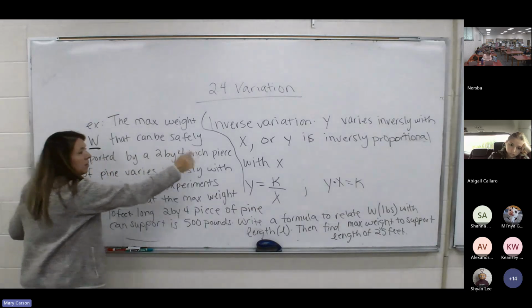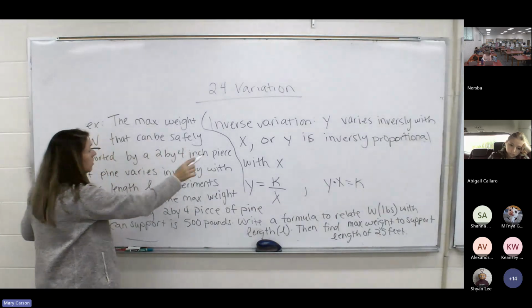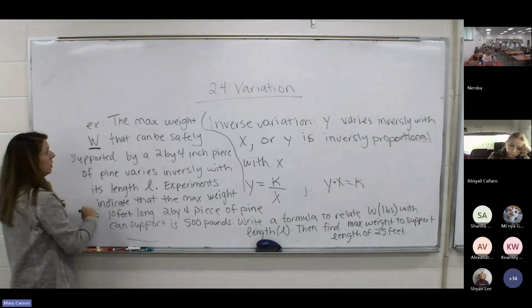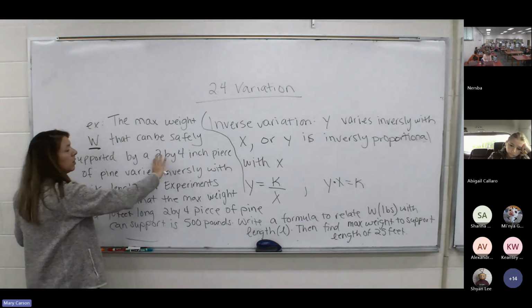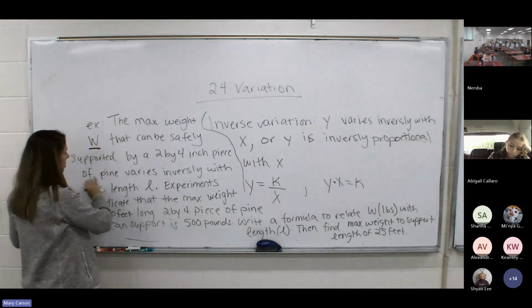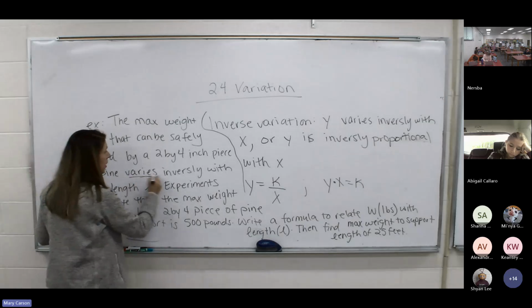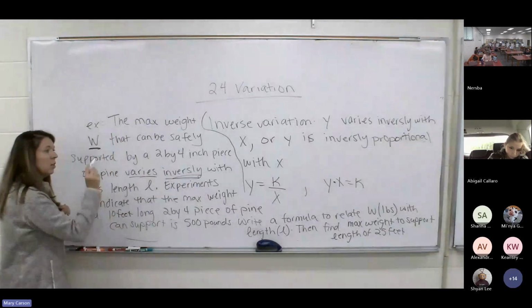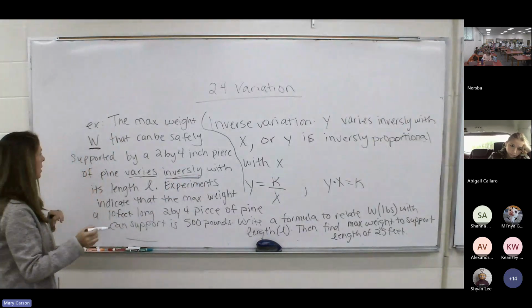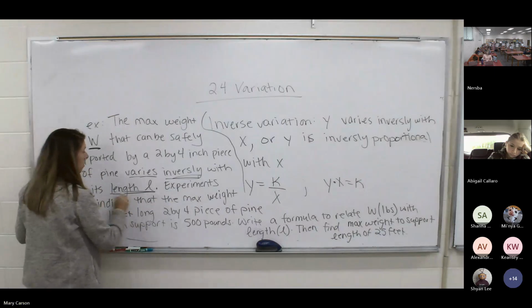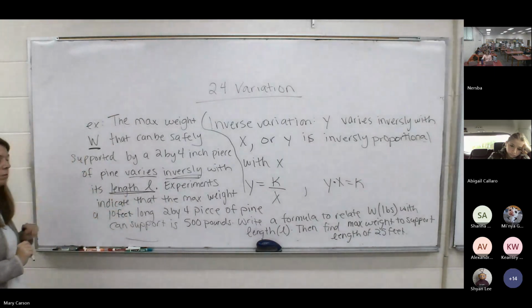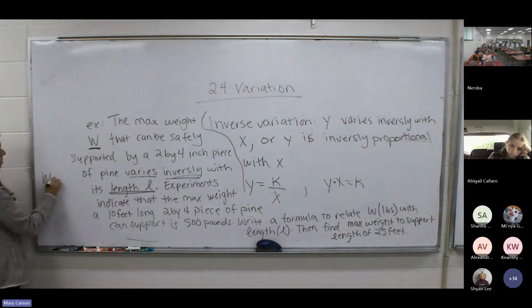This is nothing, just blank that out, okay? Just telling what weight can be supported. This all goes with W, okay? Then you're here, varies inversely. So that tells you it's gonna be equal to K over L. That's your first part. So you should have W equals K over L.